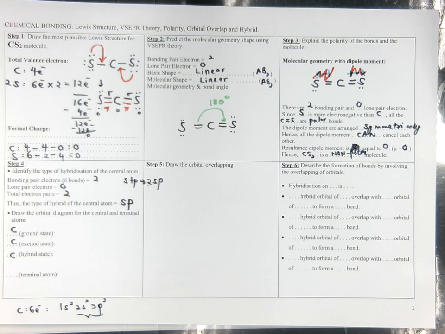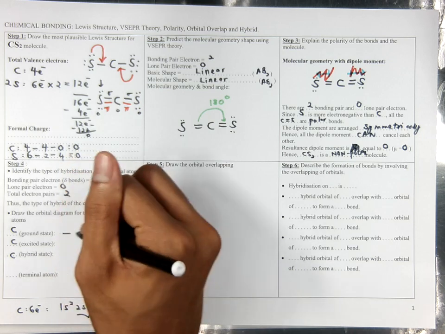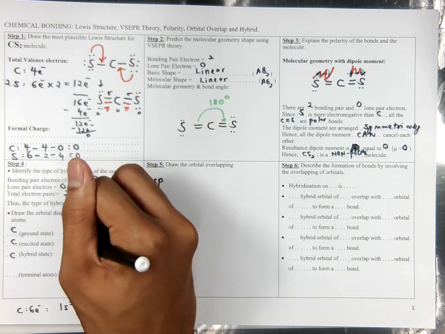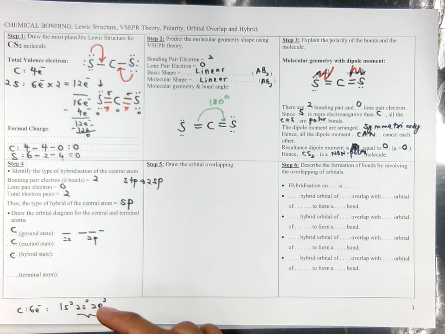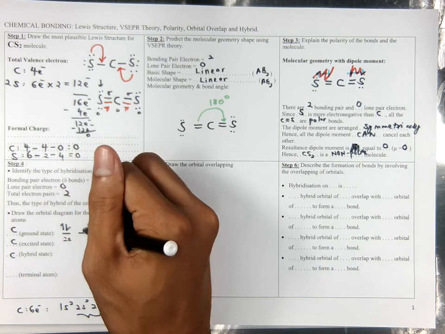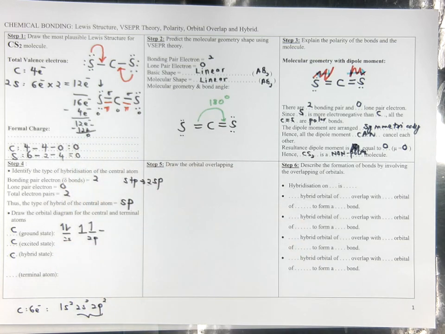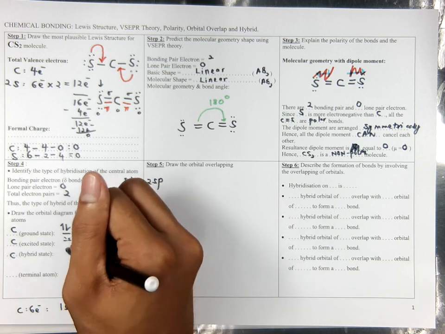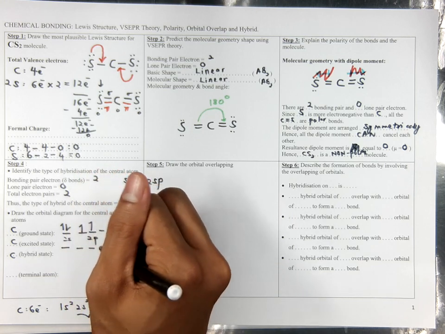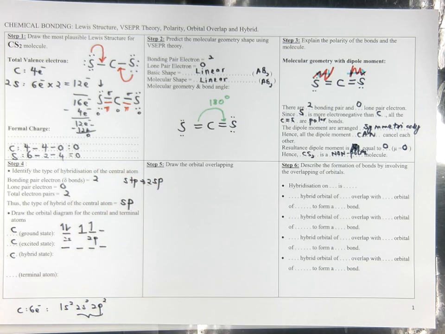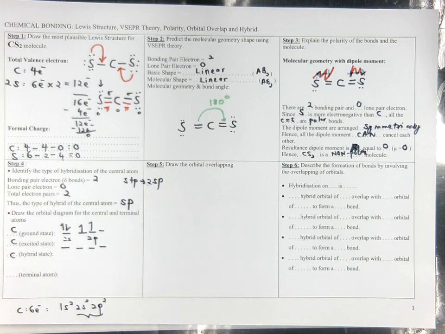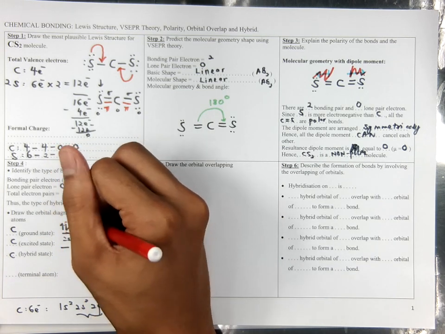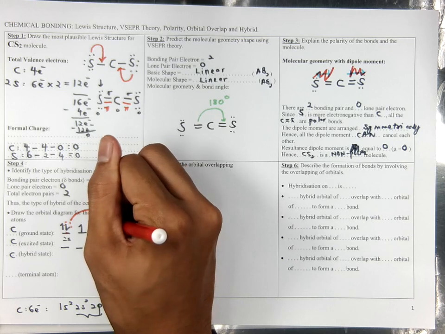So let's do that. At the ground state, they have 2s orbital and 2p orbital with electrons of 2s2 and 2p2. Now, at the excited state, you need to bring one electron from the 2s orbital into the unoccupied 2p orbital.